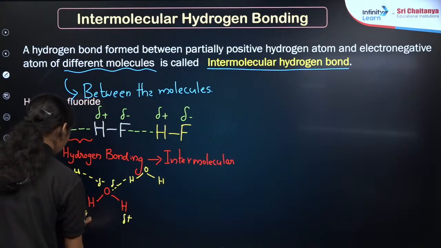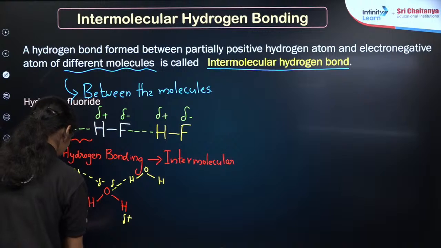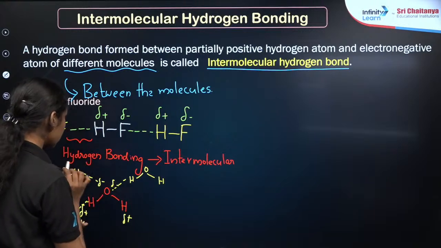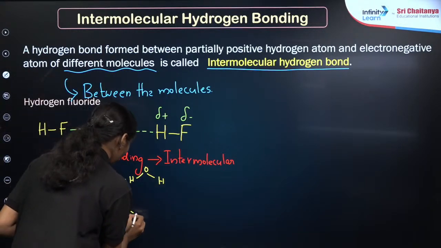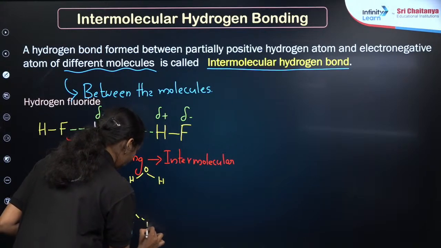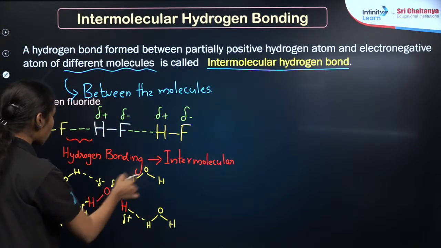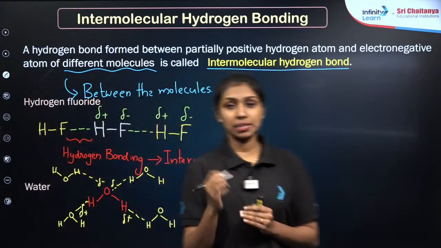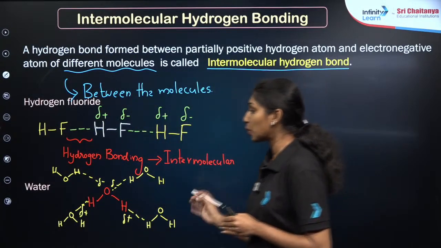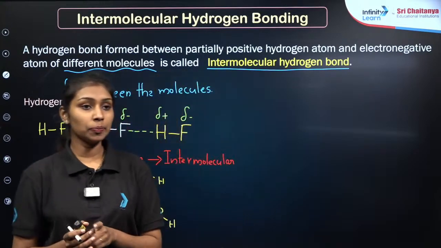Here also it will form the hydrogen bond, right? These dotted lines are representing the hydrogen bonding here. It is known as the intermolecular hydrogen bonding. Clear?